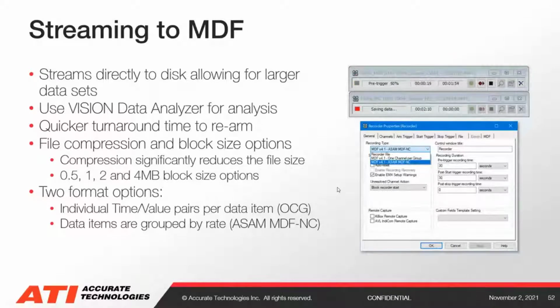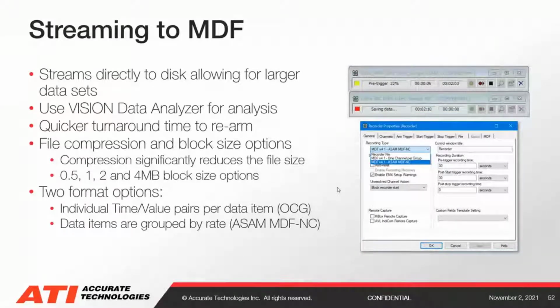With a Vision recorder file, it has to pre-allocate all your memory in order to ensure that the recorder can start and finish, based on the amount of data items, the update rate of those data items, and the length of the recording. And sometimes it's too much for Vision to handle. Vision right now is only a 32-bit application, so with all the background stuff going on, it can really only utilize around 2 gigabytes of RAM.